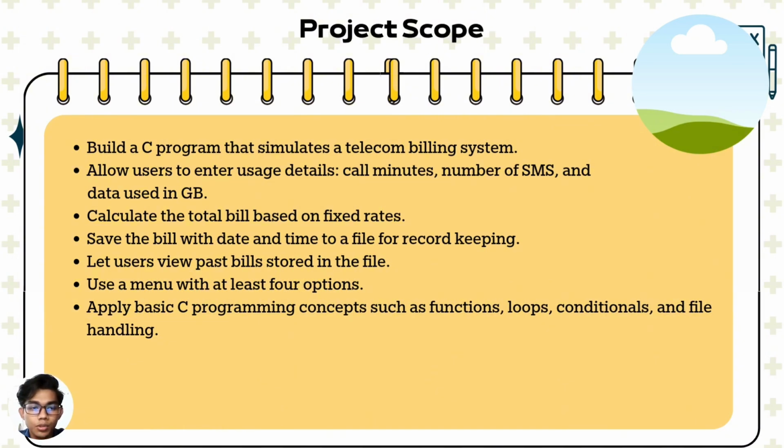Let the user view past bills stored in the file. Use a menu with at least 4 options. Apply basic C programming concepts such as functions, loops, conditions, and file handling.